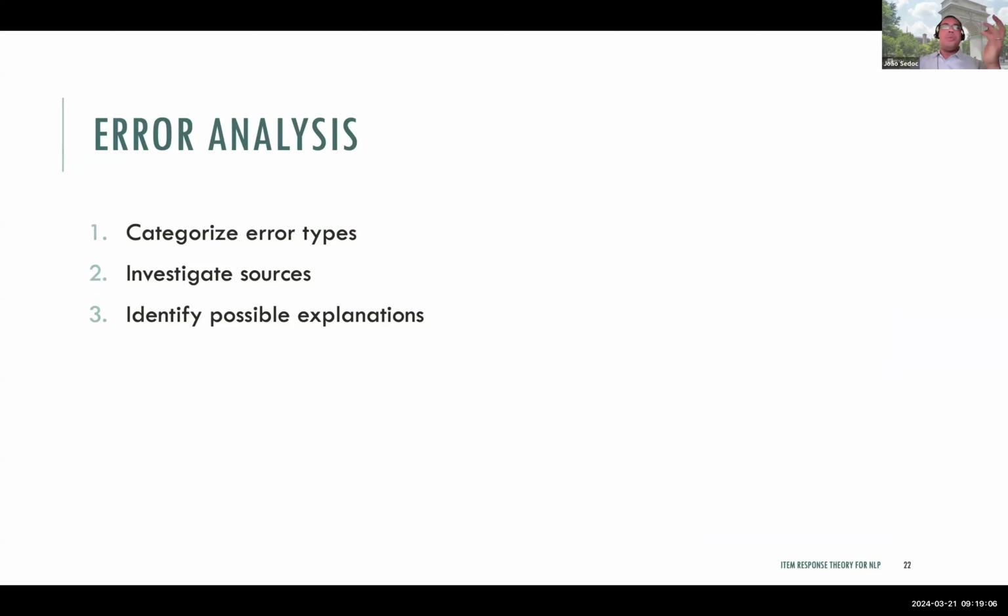So in terms of error analysis, we often want to understand different types of errors. We want to investigate where the sources of these errors are and identify particular types of explanations for these errors. And what we're able to do with item response theory, and it's not the only method, is to identify and dig in.